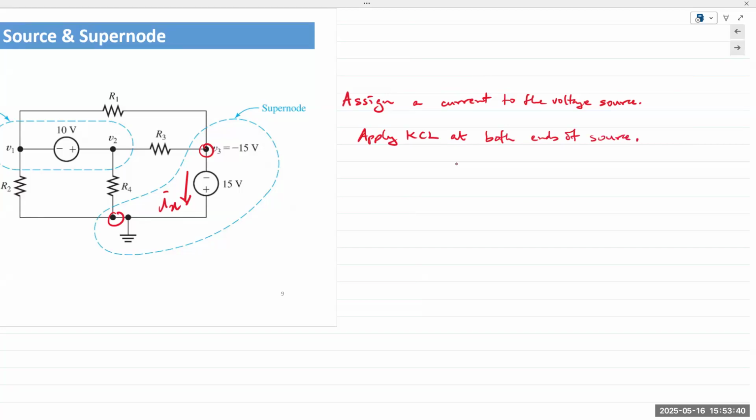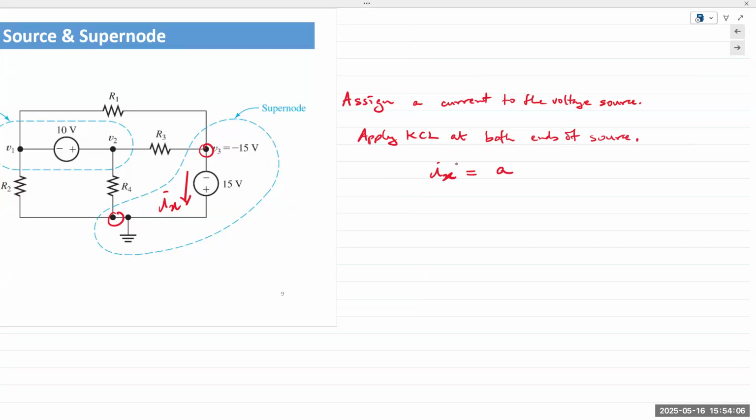And you apply KCL to both ends of the voltage source. It doesn't matter how many currents are entering or leaving. At one end of the source, you would obtain Ix equals something, something, something.